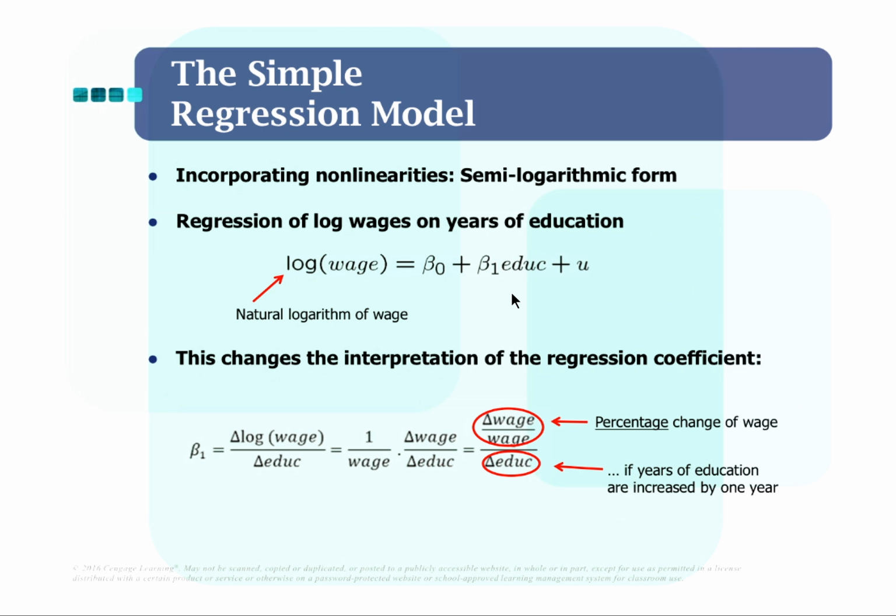Before, we had the equation wage equals beta 0 plus beta 1 times education plus u. Now we have log, which is the natural logarithm of wage, log wage equals beta 0 plus beta 1 times education plus u. If you are not familiar with this log, let me simply explain it.